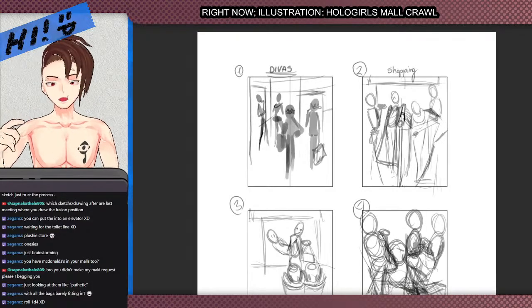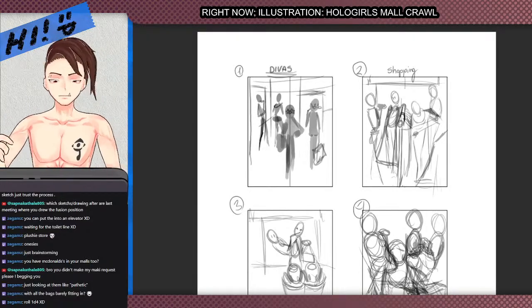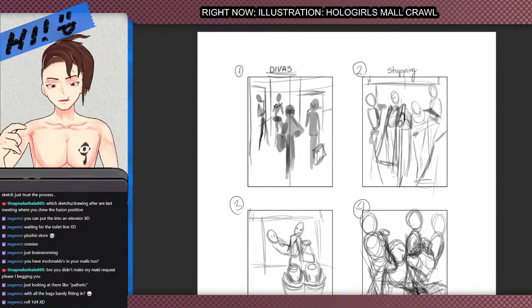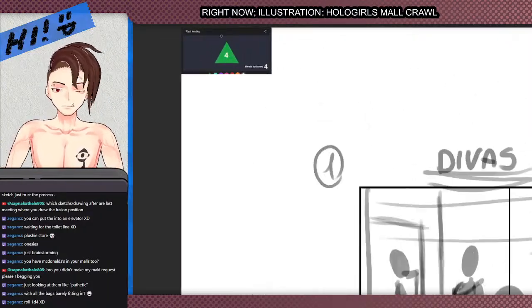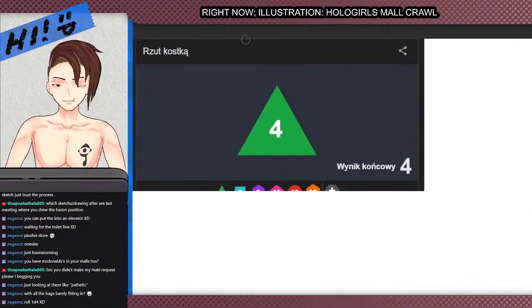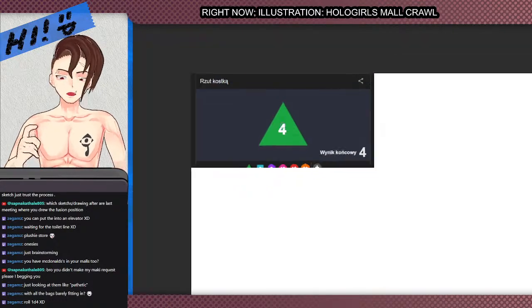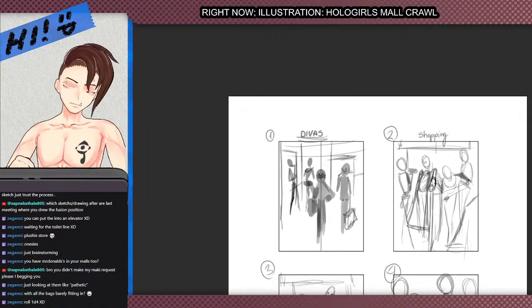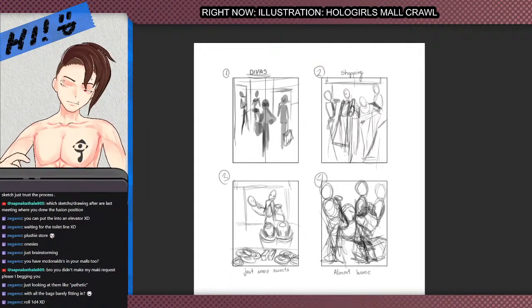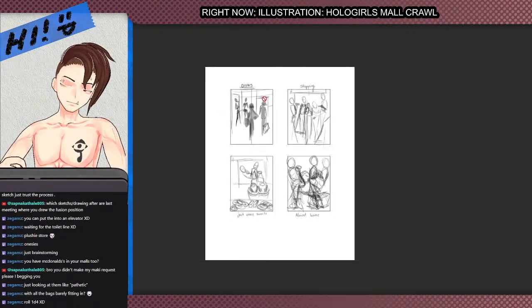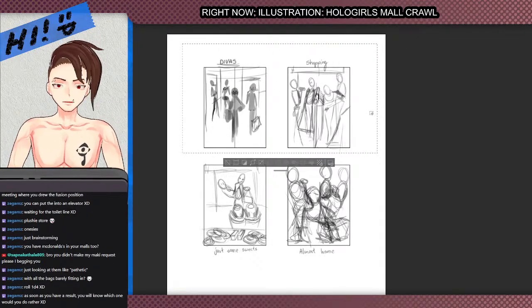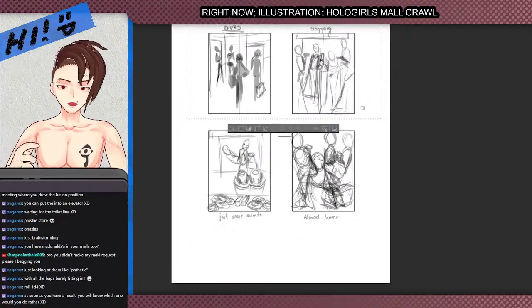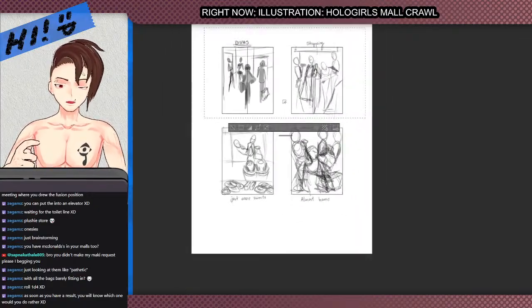Let's roll, and we have... I kid you not, I just rolled... I kid you not. Oh my. Okay, so the elevator scene, that's the thing. As soon as you have a result, you will know which one you'd rather.